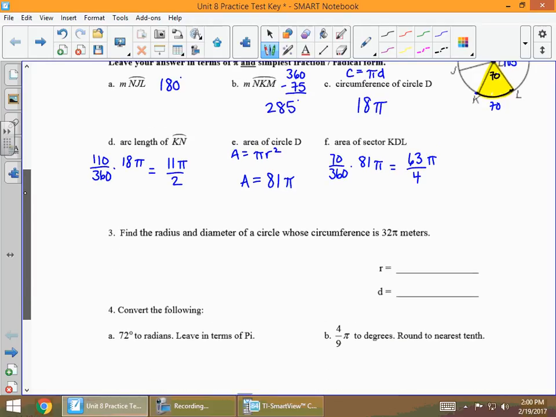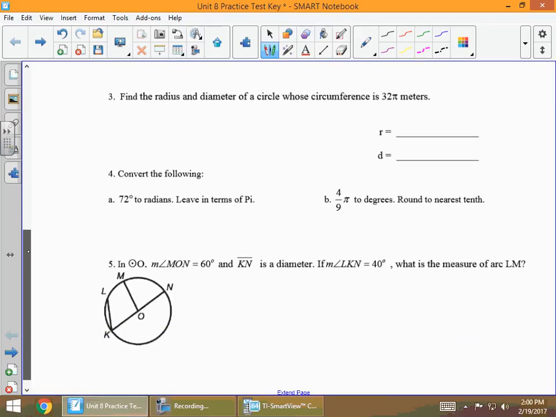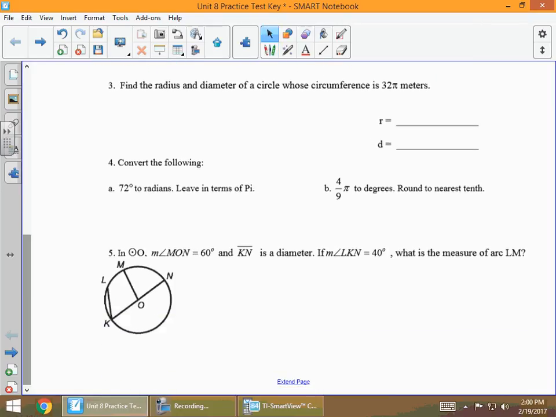All right, going down to question number 3. Find the radius and diameter of a circle whose circumference, okay, circumference is equal to pi times diameter. So the circumference is 32 pi equals pi times diameter. Divide both sides by pi.